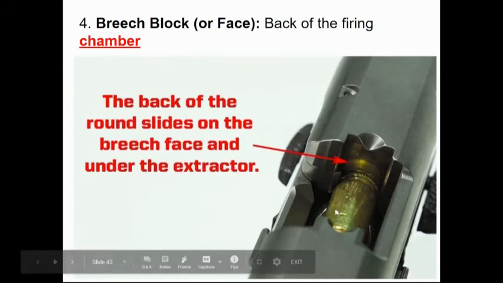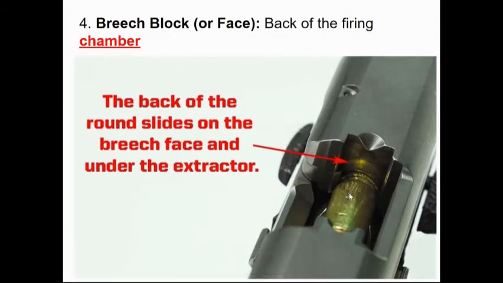So we're going to ignite this gunpowder, and because there's no place for that pressure to go, because it's all contained, it pushes on the bullet. The bullet has no place to go but out the end of the barrel if everything's functioning properly. When that pushes the bullet out, the cartridge is left behind. They separate from each other. And that cartridge is what's then going to have to be ejected eventually.